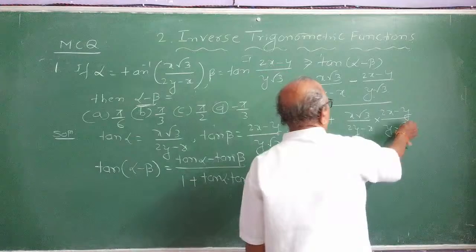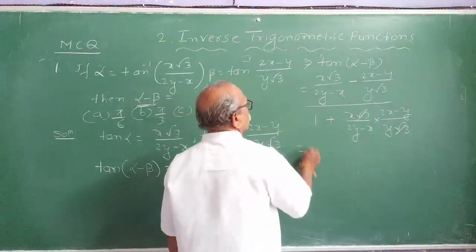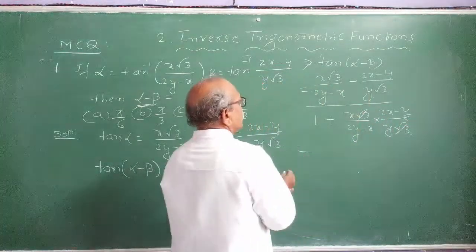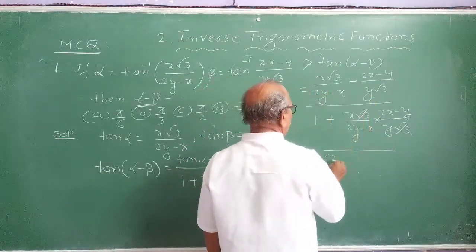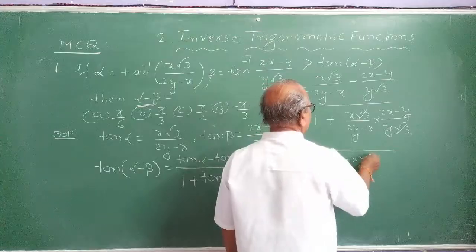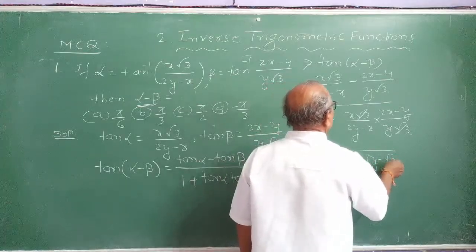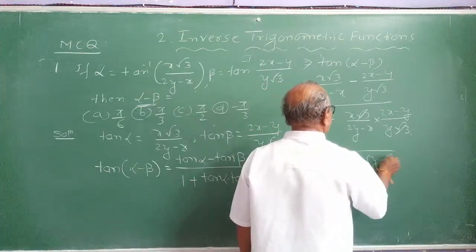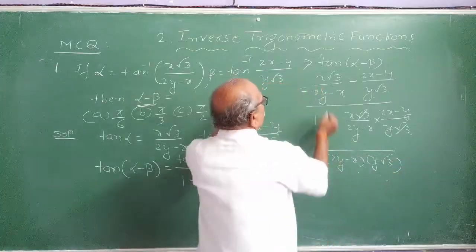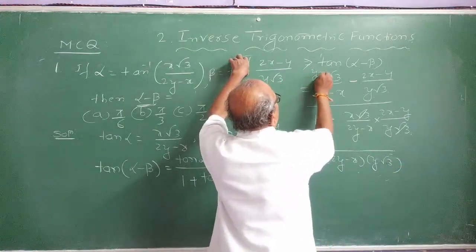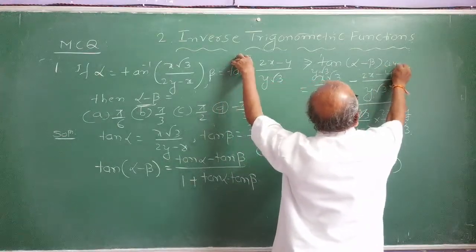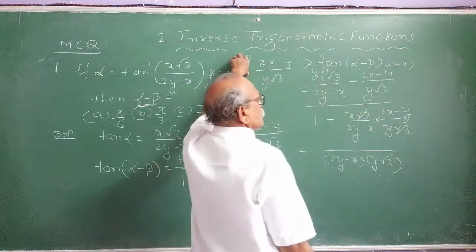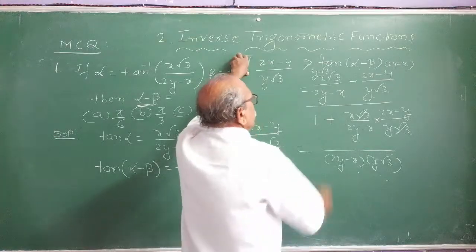You can cancel root 3 here. Take LCM in the numerator. The LCM in the numerator will be 2y minus x into y root 3. Take the product of them.